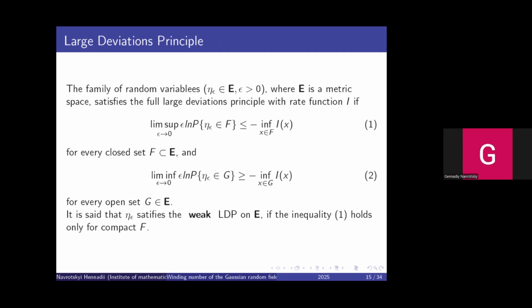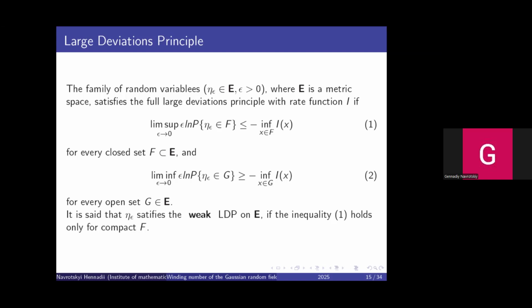let us recall what the principle of large deviations means. It means that the limsup of epsilon logarithm of the probability that eta epsilon is in F is at most minus the infimum of I of x for every closed set F, and correspondingly the liminf is greater than or equal to minus the infimum over x over the set for every open set.